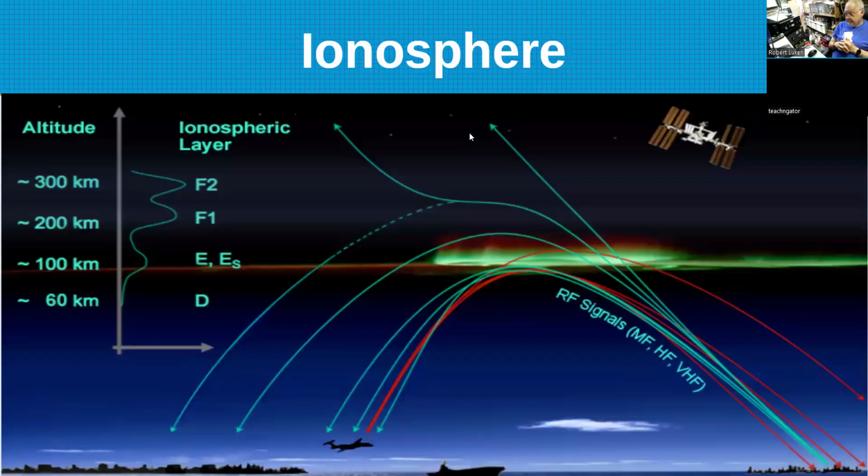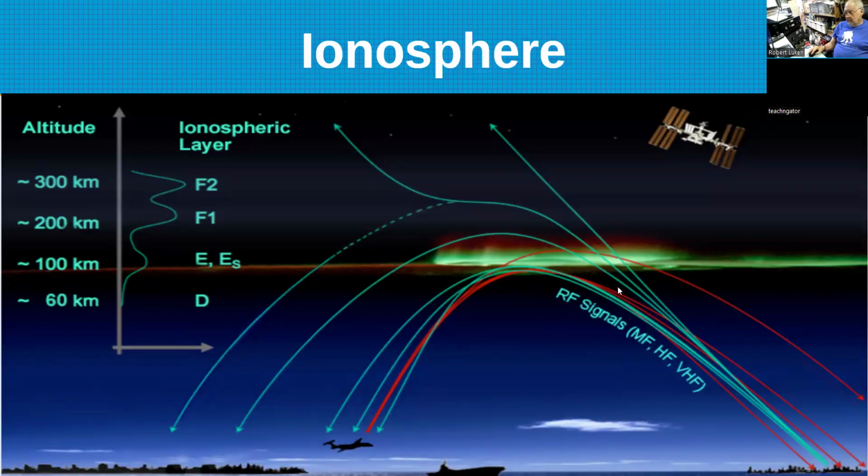Here's a prettier chart showing signals in the medium frequency up to VHF and how they interact. So you can see some of them are actually being refracted in the E layer.